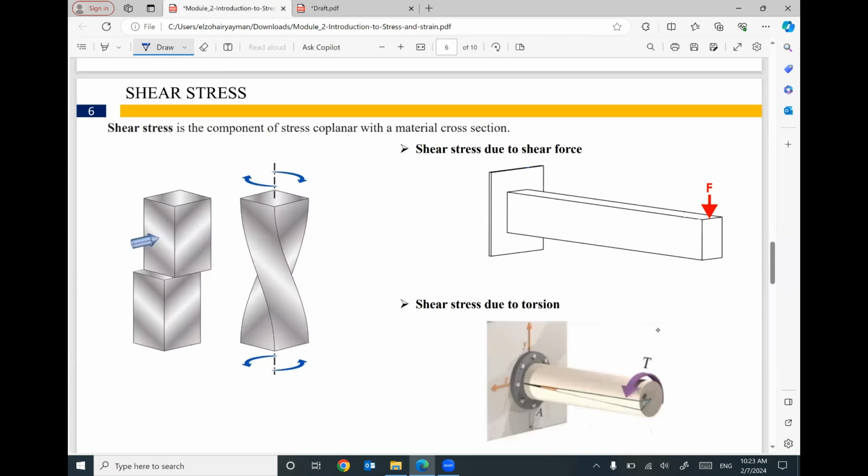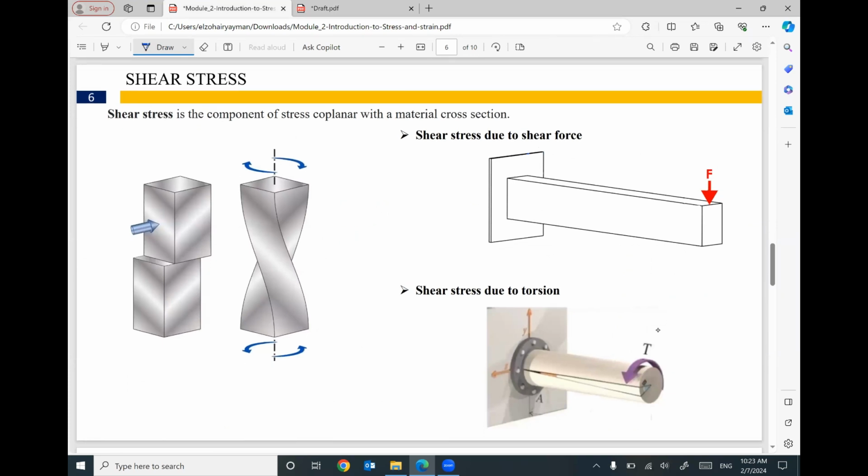Shear stress. As I mentioned before, shear stress is a stress or component of stress which is coplanar or parallel with the material cross section. The shear stress can be caused due to shear force or due to torsion.